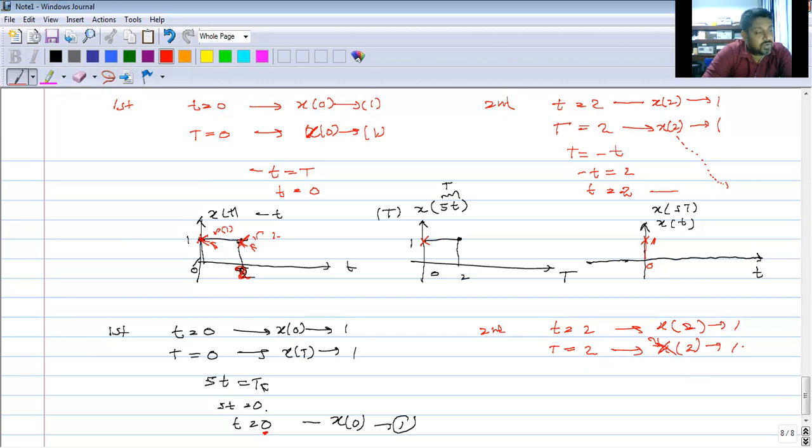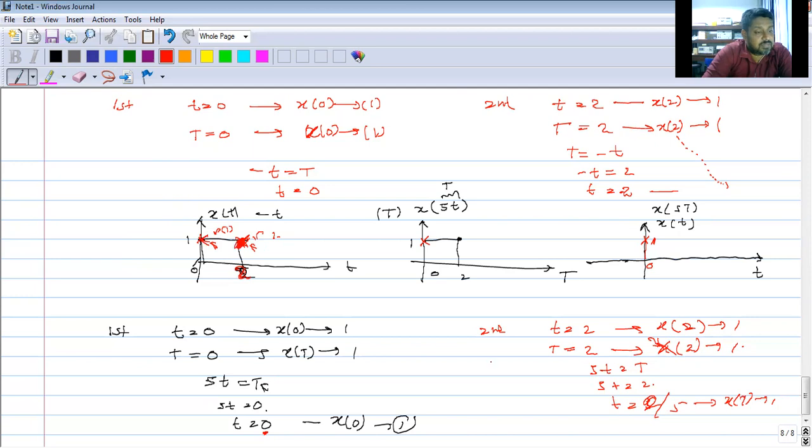So 5t is equal to capital T, which is 2. That means t is equal to 2 by 5. So at t equal to 2 by 5, x(capital T) is also equal to 1.